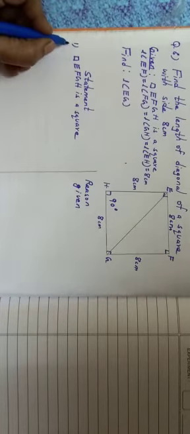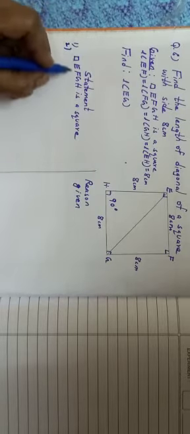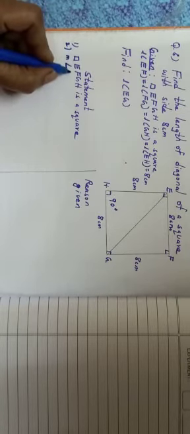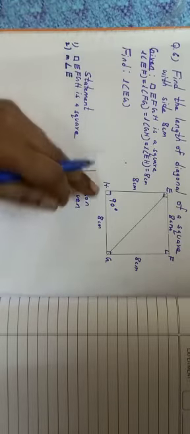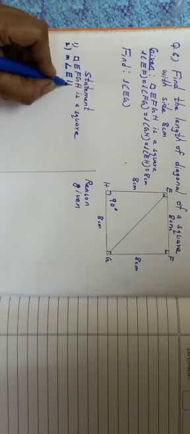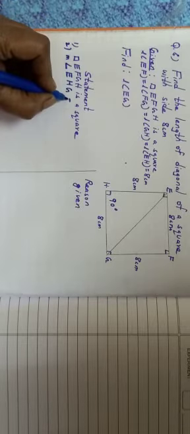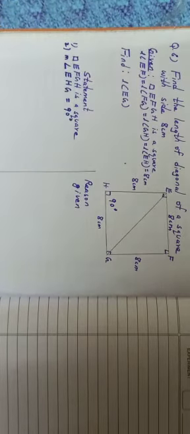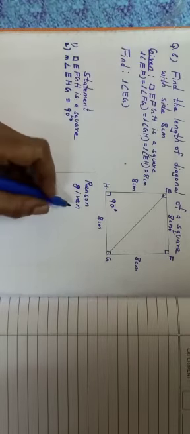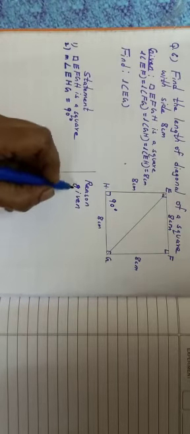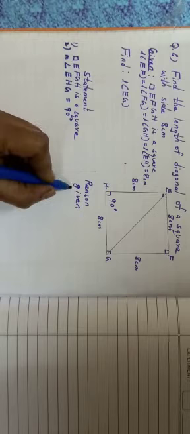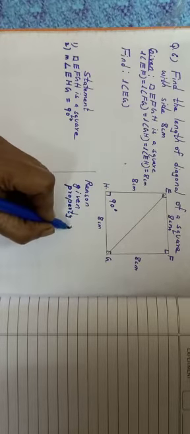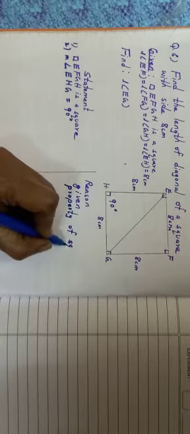So we will write in the second step: measure of angle EHG is equal to 90 degree. Now why is it 90 degree? Property of square, that each angle of a square is a right angle. So we can write the reason: property of square.